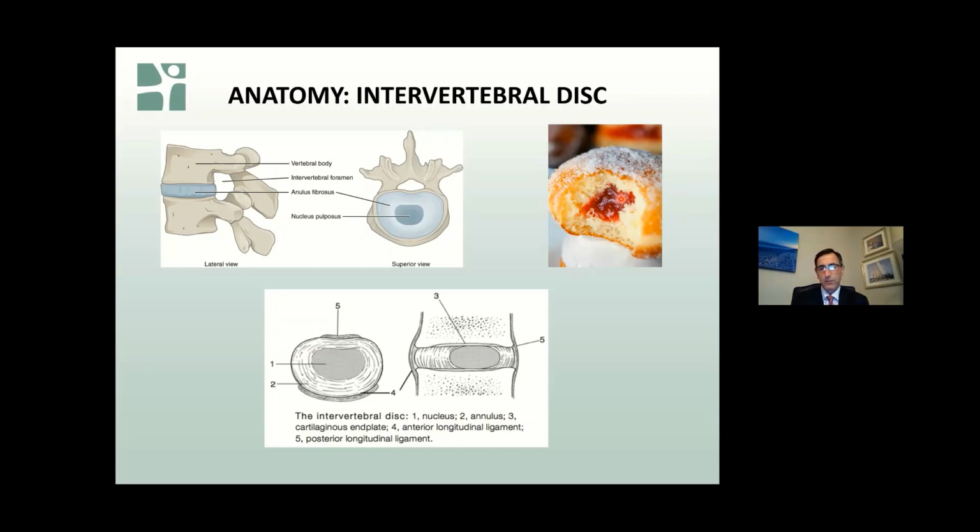And so if you have a herniation of a disc, a piece of the nucleus comes out, or a piece of the jelly comes out of the donut, which in some way makes sense, but in reality, the disc is solid tissue, and the nucleus is more like crab meat. If it were jelly, it probably wouldn't be a problem because it wouldn't really push on anything. But that is where the analogy comes from.